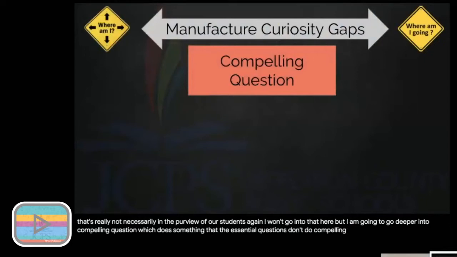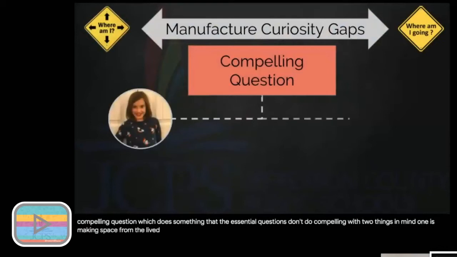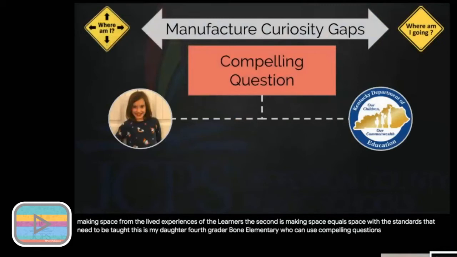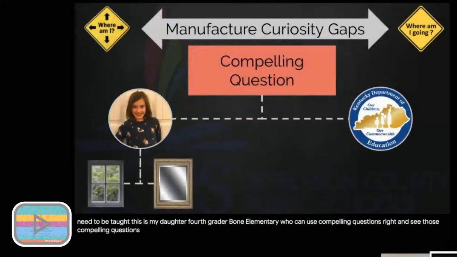Compelling questions are specifically designed with two things in mind. One is making space for the lived experiences of the learners. The second is making space, equal space, for the standards that need to be taught. This is my daughter, a fourth grader at Bowen Elementary, who can use compelling questions, right? And we see those compelling questions through this windows and mirrors example.